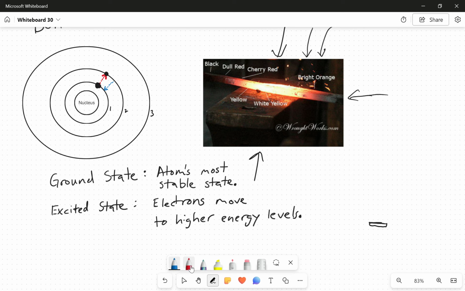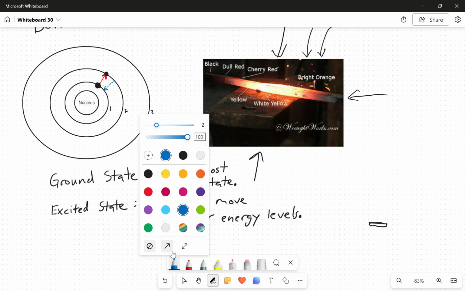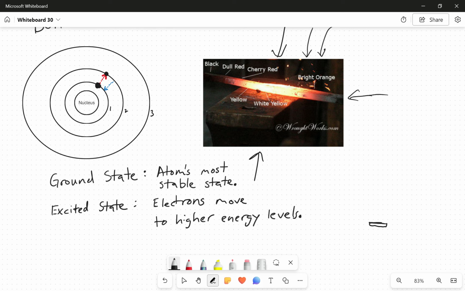Now, when that electron absorbed energy, this first arrow right here, the one in the red, this is energy going in. But this blue arrow right here, when that electron falls back down to its ground state, that is energy going out.